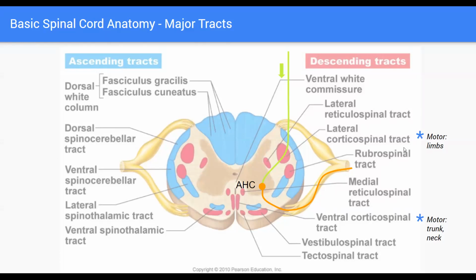And importantly, in this particular diagram, we have the lateral corticospinal tract and the ventral corticospinal tract separated out. They're essentially the same tract, but the lateral aspect of it innervates more so limbs, whereas the ventral aspect is more central. So things like the trunk and neck are innervated by the ventral corticospinal tract.